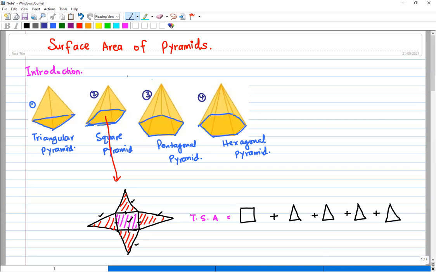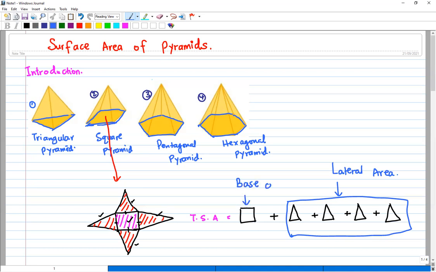Then also, something very important for us to know is that the area of these triangles is what we call the lateral area. Lateral area. And this one will be the base area, which means the area of the base.